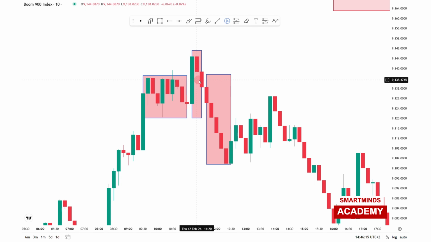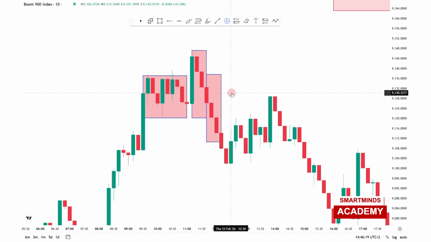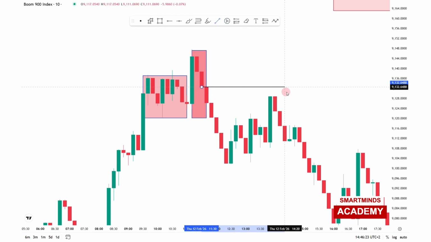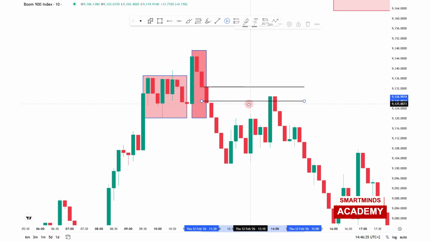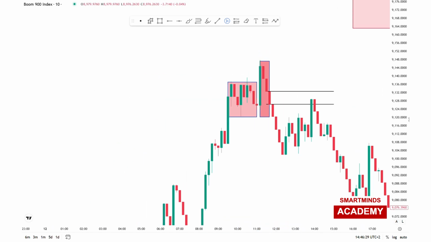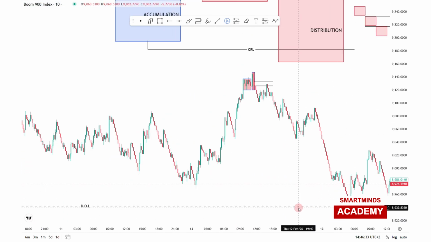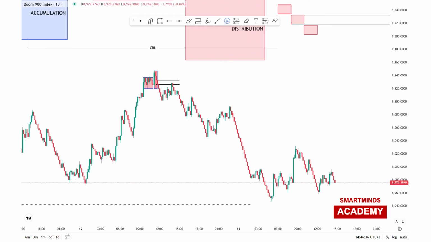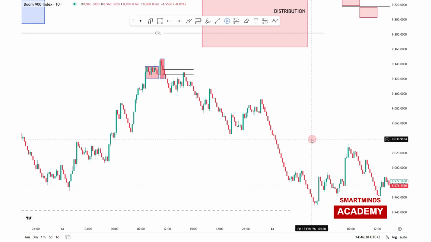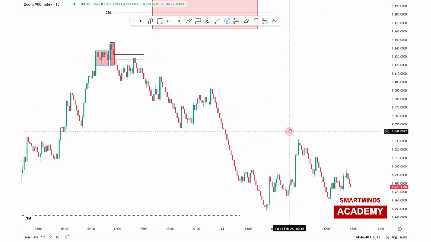So this is 10, 20, 30, 10, 20, 30, and on this distribution you can see that we use a fair value gap on a series of 3. A fair value gap, which is the second candlestick, gives you an entry, and the price never went to the upside. It has been pushing ever since this point, and I shared this one, I think in 2 previous videos that I recorded and sent.